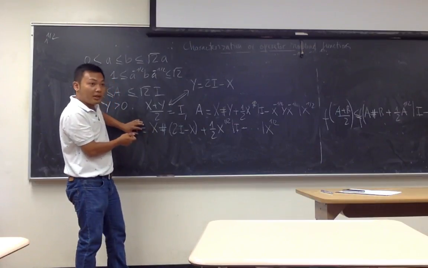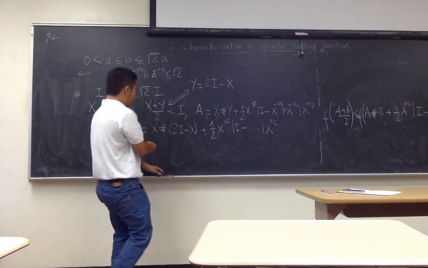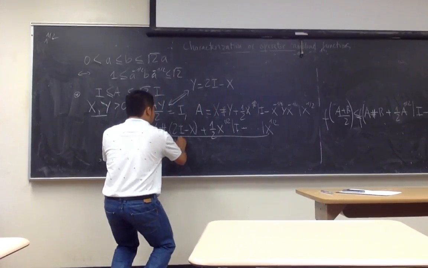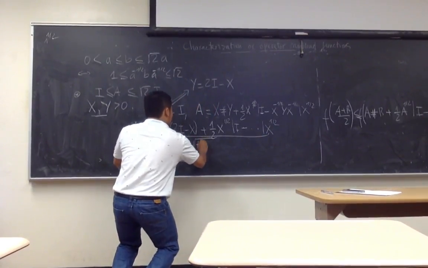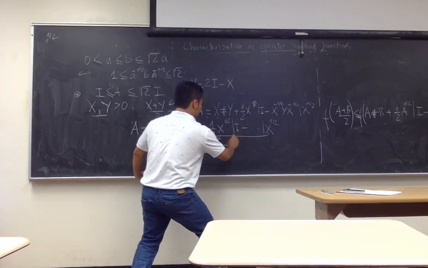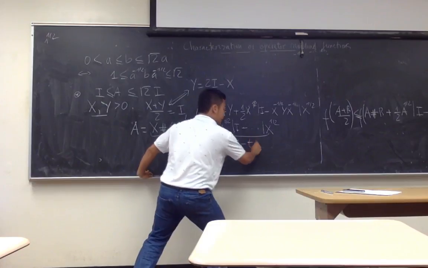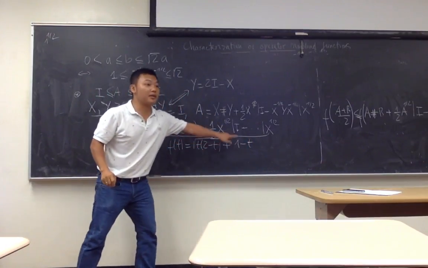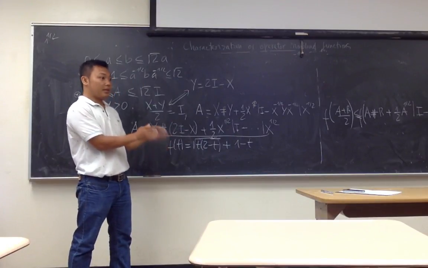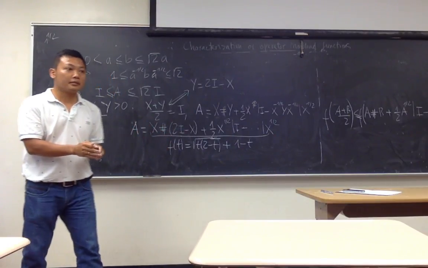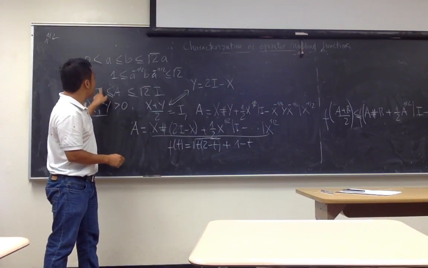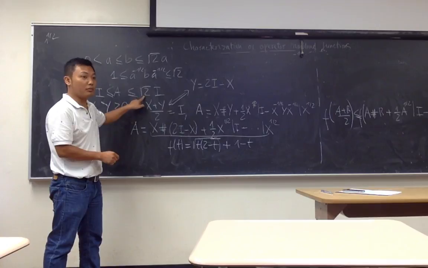And here we have another matrix. I will show that we can consider some function f(t) equals the square root of t(2 minus t), plus 1 minus t. Actually, I consider this function, and I show that on some interval this function is bijective, and takes values on the interval from 1 to square root of 2.